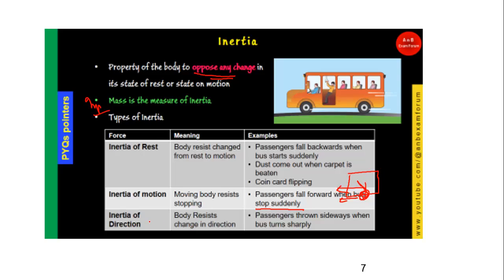Similarly, inertia of direction: suppose the bus turns sideways very sharply, the body resists the change in direction, so passengers fall sideways. So these are the three types of inertia.